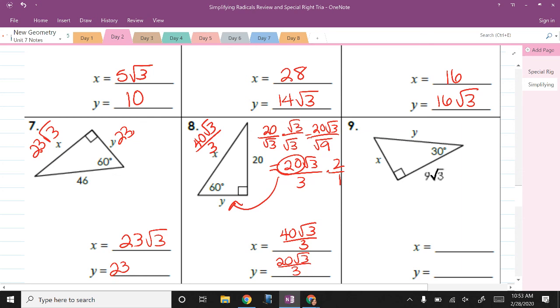To me, that's as hard as it gets. Does that make sense? So after you get the short leg, which is y in this case, you double it to get the hypotenuse. Yeah, to me, that's the hardest, is when you have to rationalize the denominator going from the long leg to the short leg.